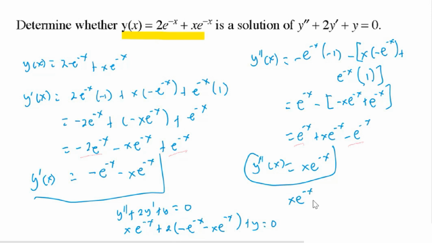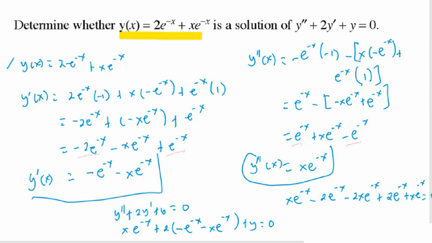Then multiplying, it becomes negative 2e to the power of negative x, and 2 times negative xe, we have negative 2xe to the power of negative x, then plus the value of y. Instead of writing y, I will use the original given, which is 2e raised to negative x plus xe to the power of negative x. So it must be equal to 0, or else it will not be a solution.